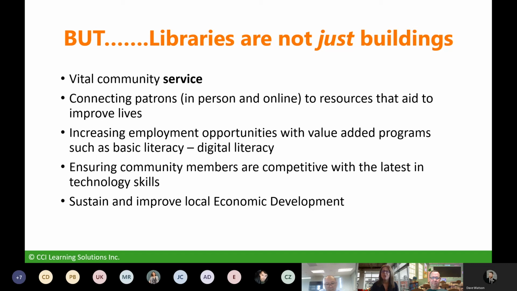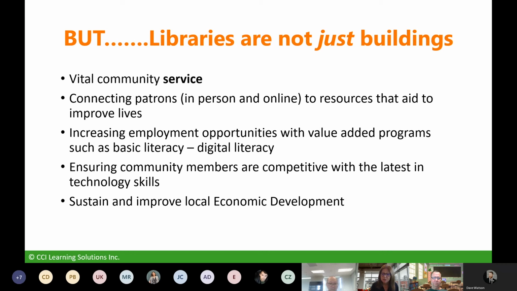Ensuring that community members are competitive with the latest in technology skills and providing vital sustainability and the ability to improve local economic development. I see libraries as a way to bridge the local communities with technology, digital literacy learning, and working with local homeless shelters. Everybody in the community should have access to all of the resources.